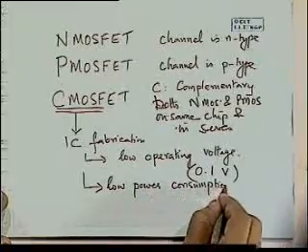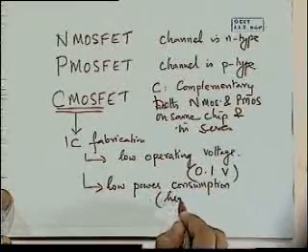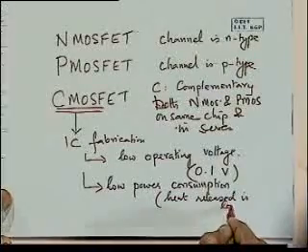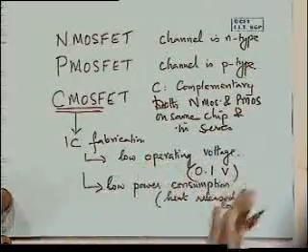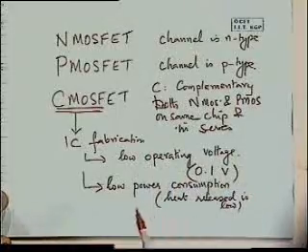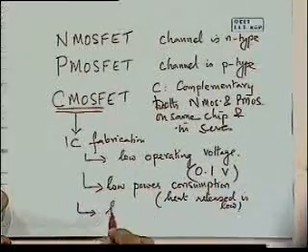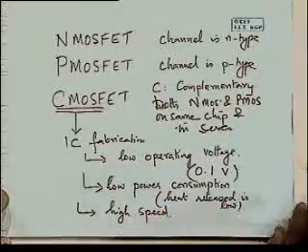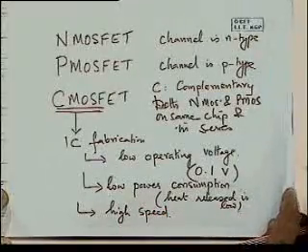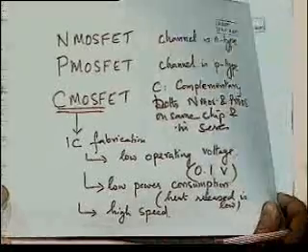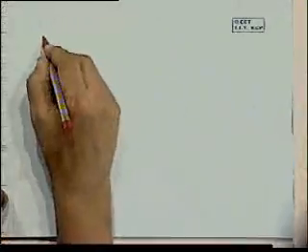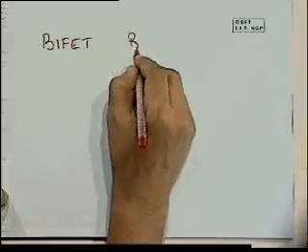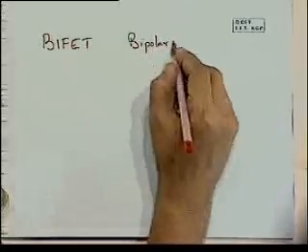And as a consequence, heat released is low. So you don't have to worry about cooling down the chip and so on as much. And thirdly, CMOS technology is high speed technology. We also have something called a BiFET, which is a combination of bipolar transistor with a JFET.